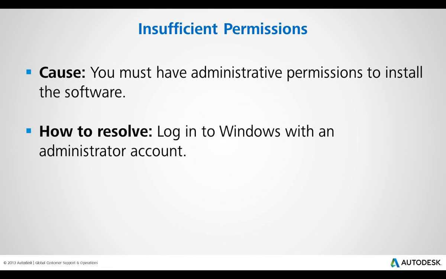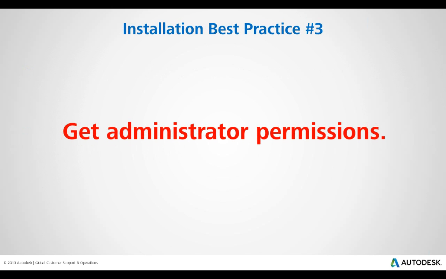Have one of the IT people log in with their super admin account on the computer, install the software for the user, anything like that. But just make sure that the account that you're using to install the software does have administrative permissions on that computer. So that leads us to the best practice. Get administrative permissions. Again, this will prevent all kinds of potential permissions issues if you just use an account that has administrative permissions.